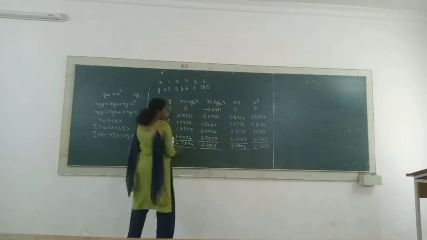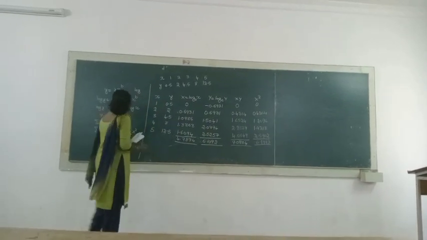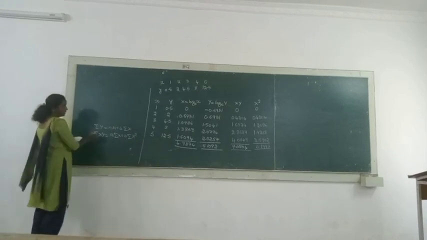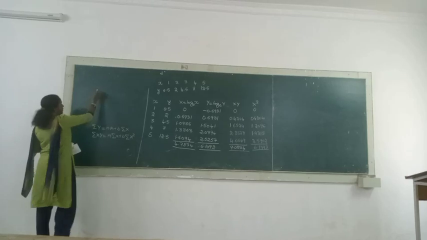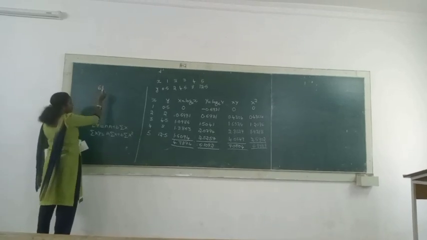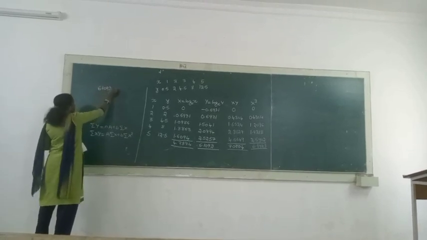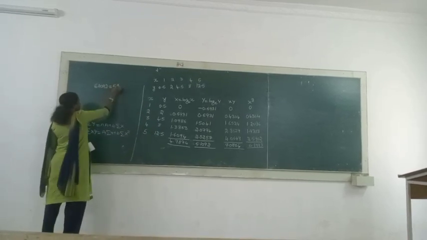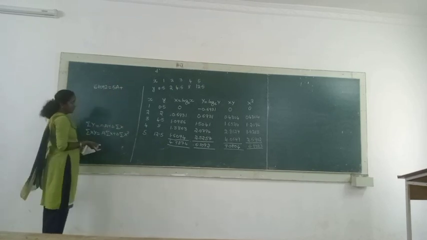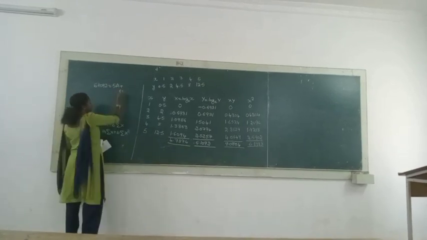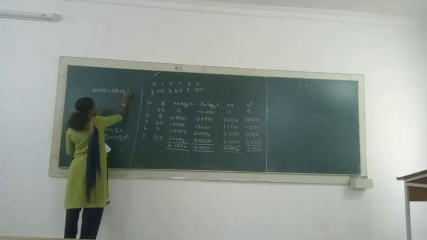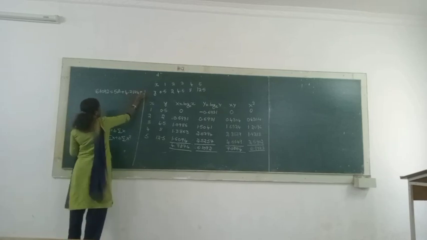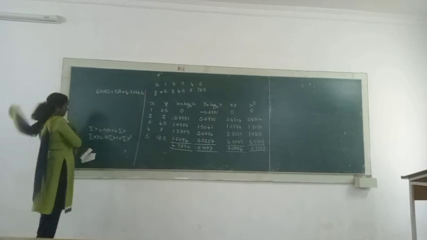Now let me substitute these values into the normal equations. The first normal equation was summation Y. We got the summation Y as 6.1092, which is equal to n, the number of points given as 5, into A plus b into summation X. Summation X is 4.7874 into b. This is the first normal equation.